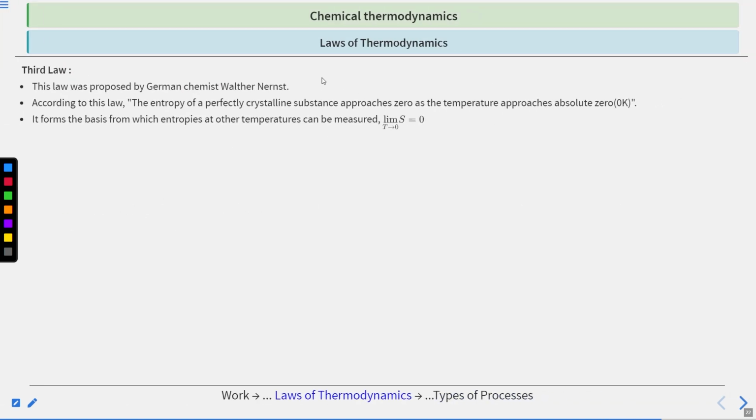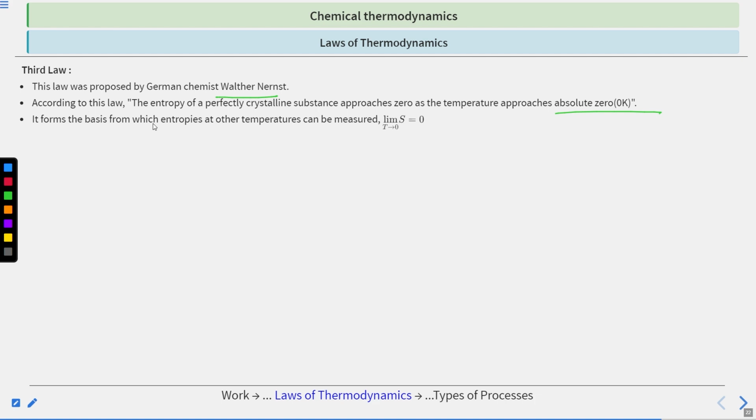So now the third law, the third law of thermodynamics. This law was proposed by German chemist Walther Nernst, and according to this law, the entropy of a perfectly crystalline substance approaches zero as the temperature approaches absolute zero, that is 0 Kelvin.